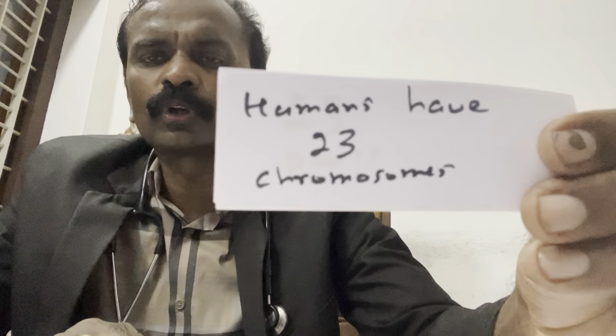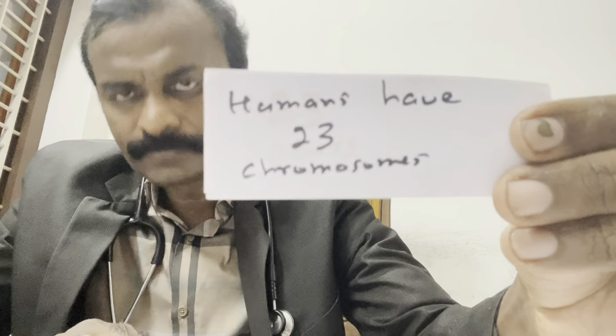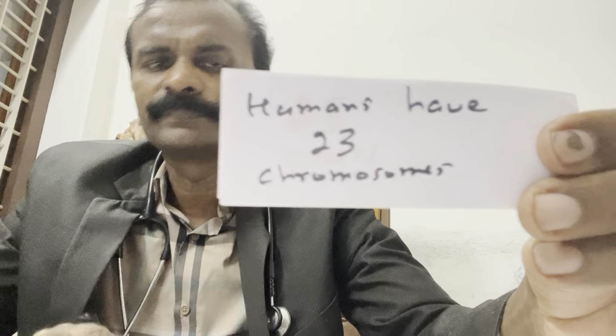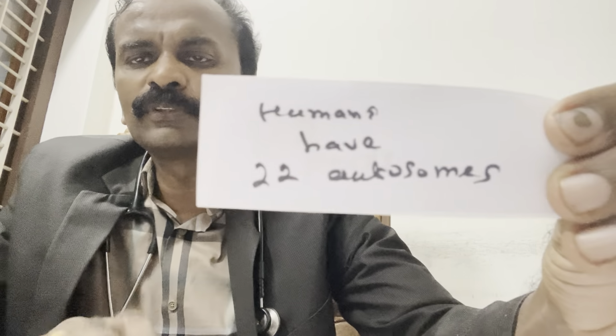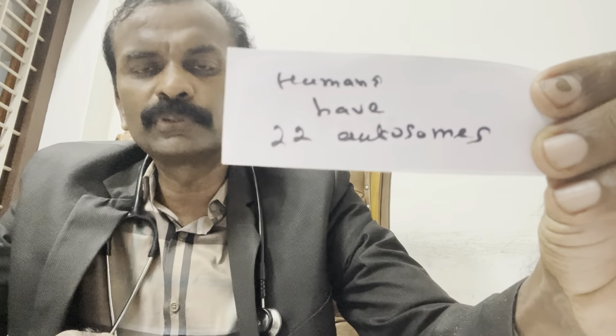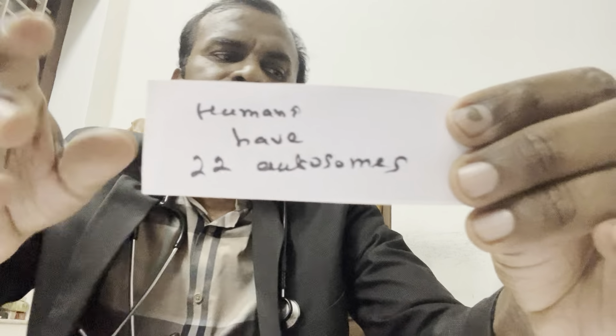Humans have 23 chromosomes. True or false? 23 pairs. Humans have 22 autosomes. True or false? 22 pairs.